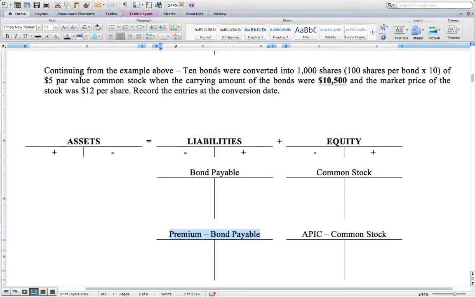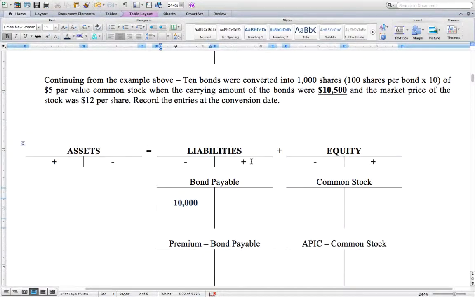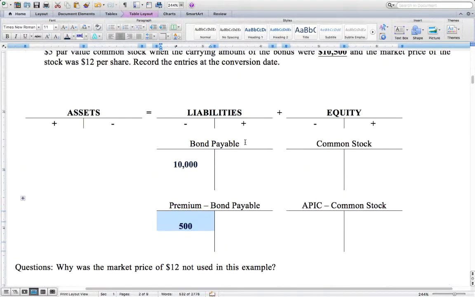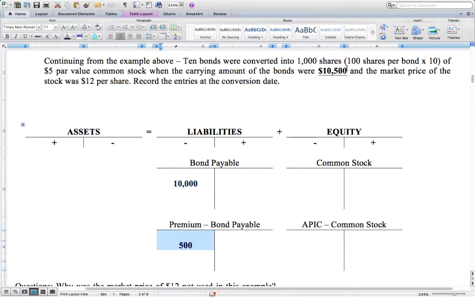So, as we noted above, the first thing you need to do is close the debt. So, we remove the $10,000 bond payable from above, and we remove the remaining premium on the bond, which is 500, because of this value right there that tells you the excess remaining is 500. Then you record the common stock.